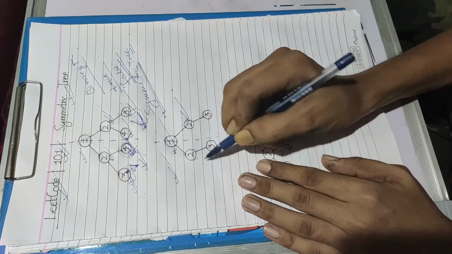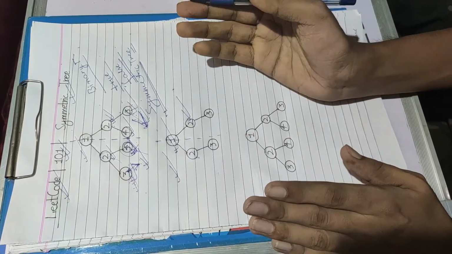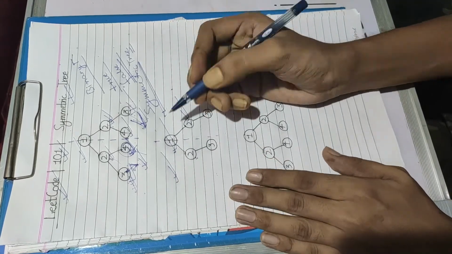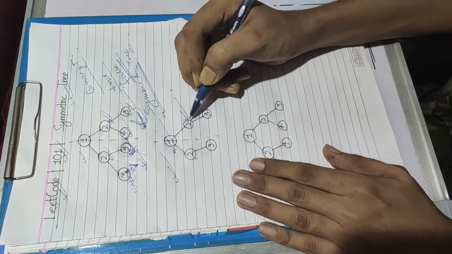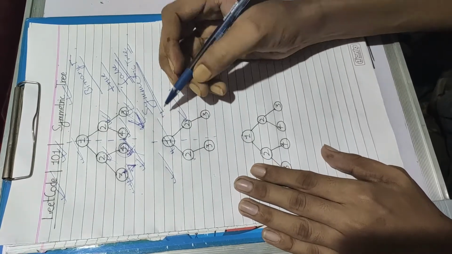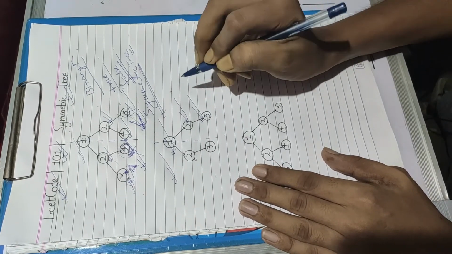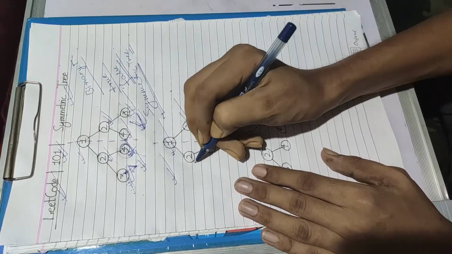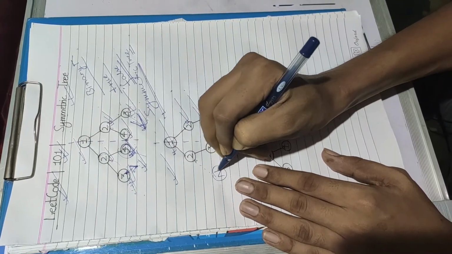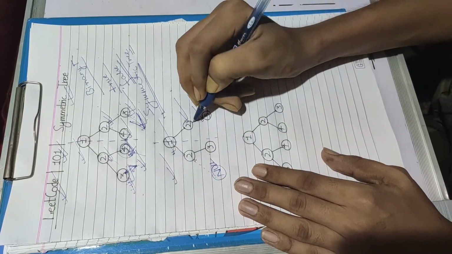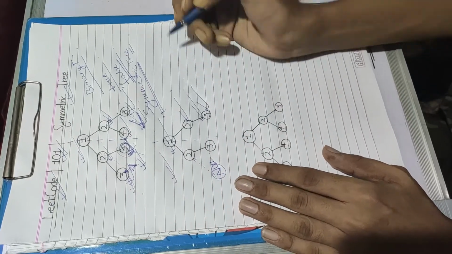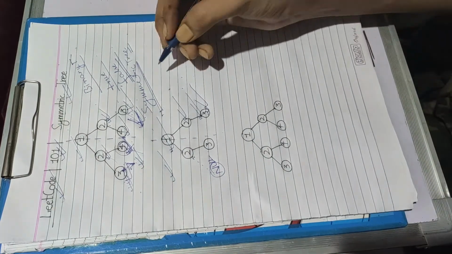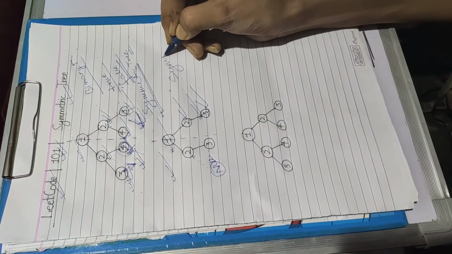Now the left child of 2, we don't have anything on the left hand side of the 2, but here we have 3 as the right child. So here we have null, but here we have a child. So we can say that this tree is not a symmetric tree.